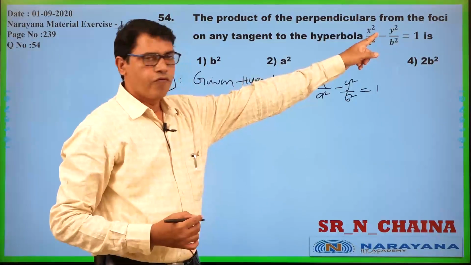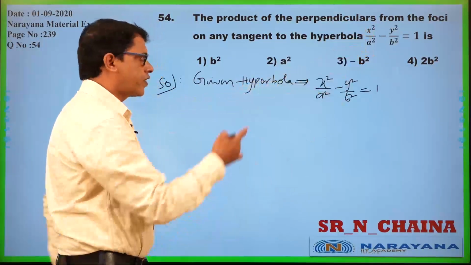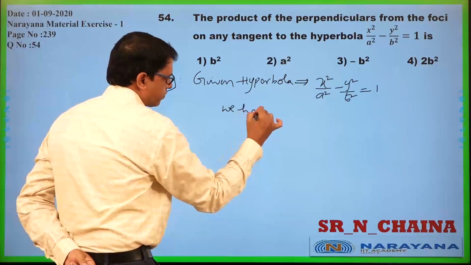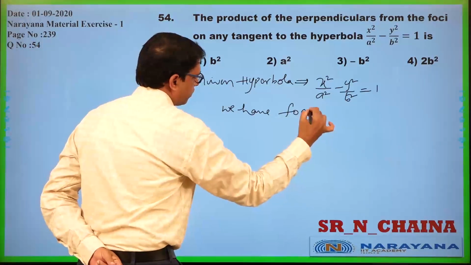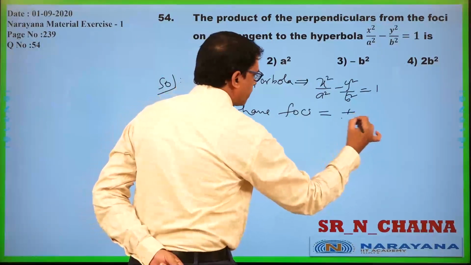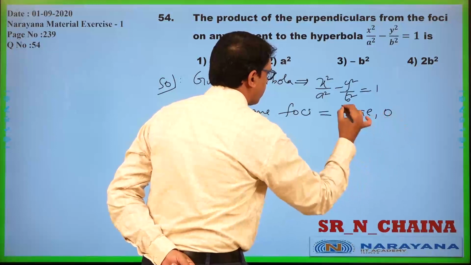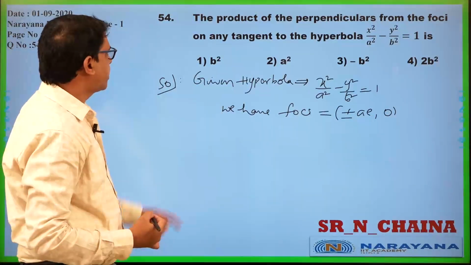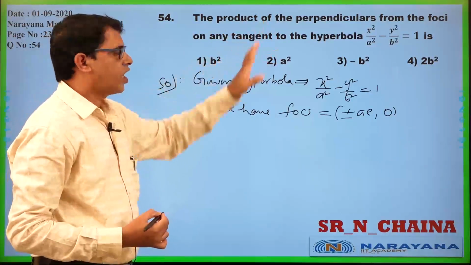So here the foci are required. So the foci for the hyperbola are plus minus AE comma 0. Okay.